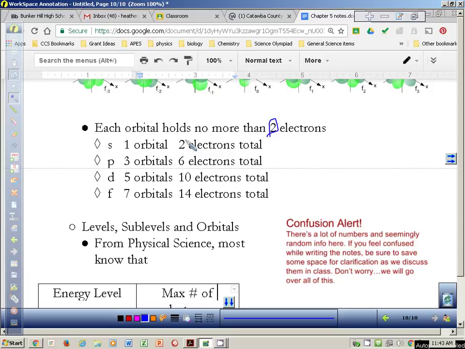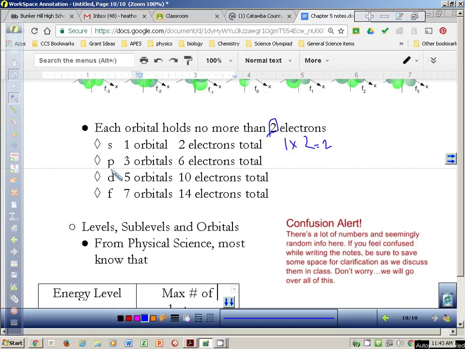Okay, y'all, I don't memorize this set of numbers. I simply do the math in my head. If I know that S has 1 orbital and 2 electrons can go in it, then I just think in my head 1 times 2 is 2. The S sublevel can hold 2 electrons.